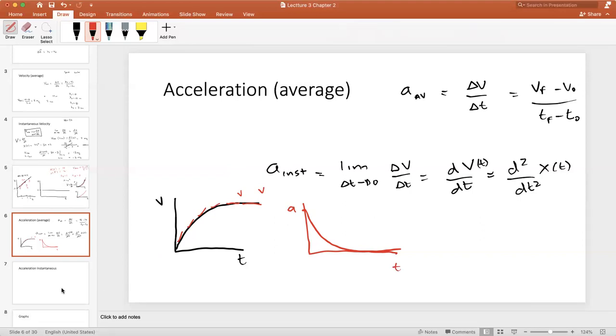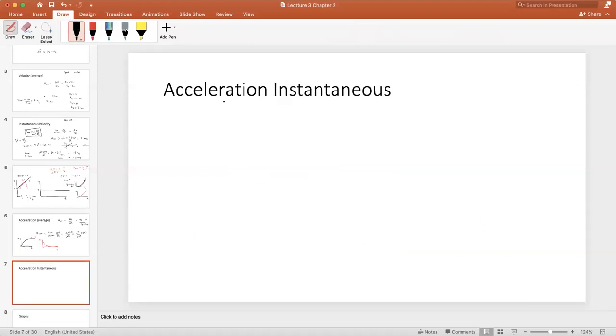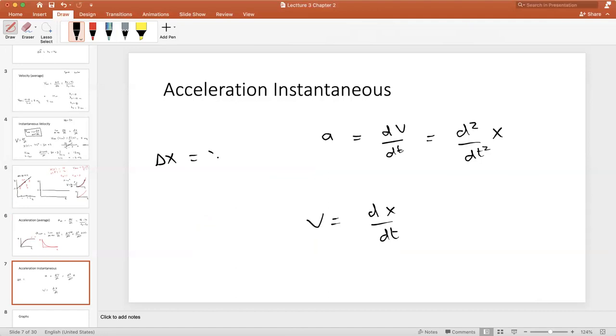But the thing that I really want to say is, remember that a is the time derivative of the velocity, or the second derivative of the position, and v is the time derivative of the position. And the other thing to remember is that when we say delta x, we mean x final minus x initial.